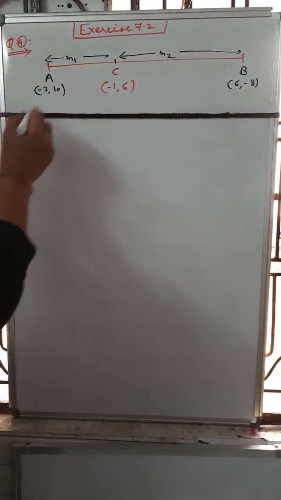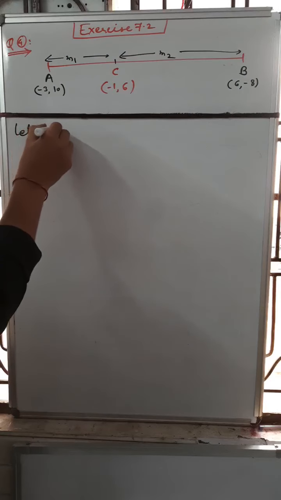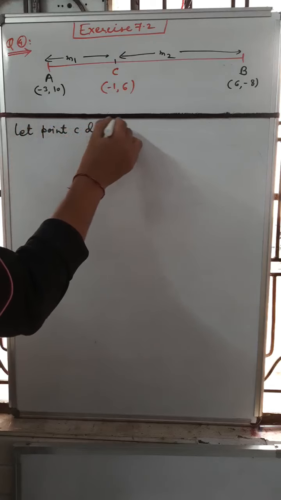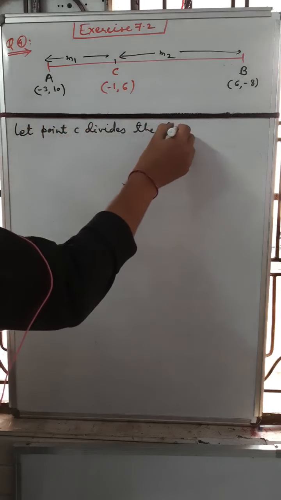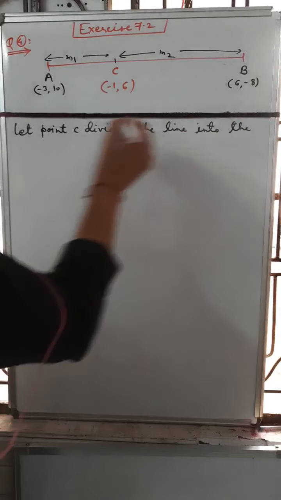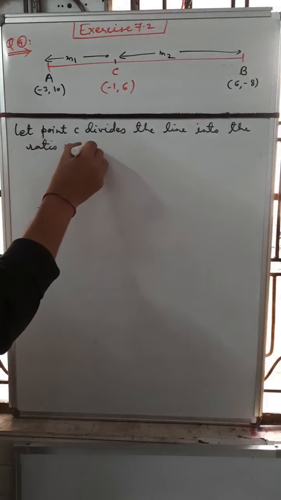Suppose we can write: let point C divide the line into the ratio m1 ratio m2.